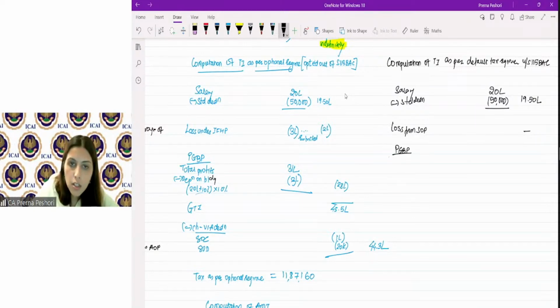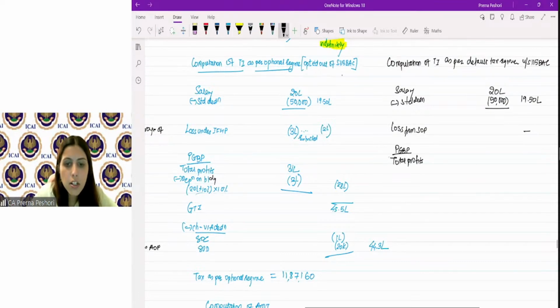Then what shall be my PGBP? What will be my total profits which will be taxable over here? Mohammed, house property losses from self-occupied property are not allowed.